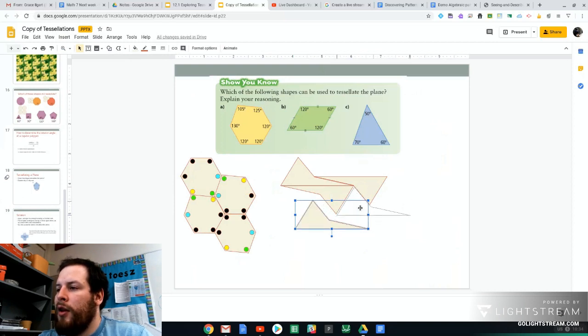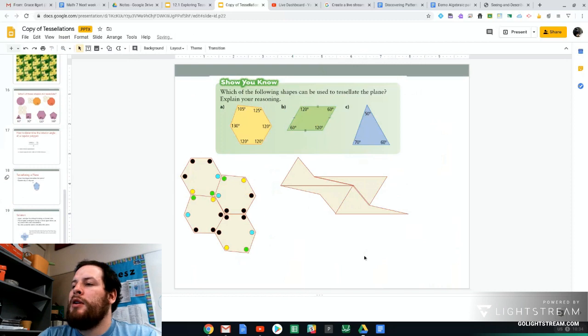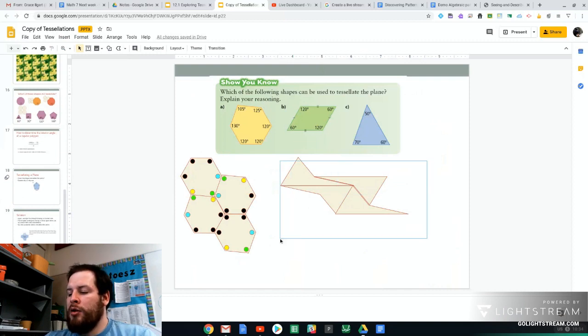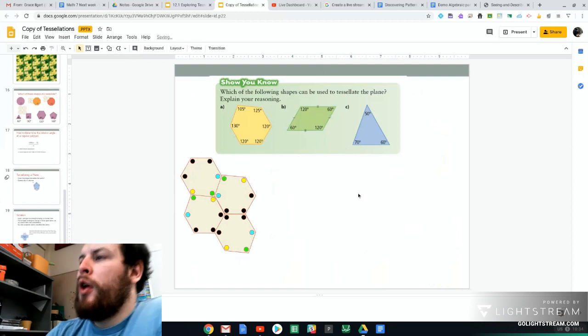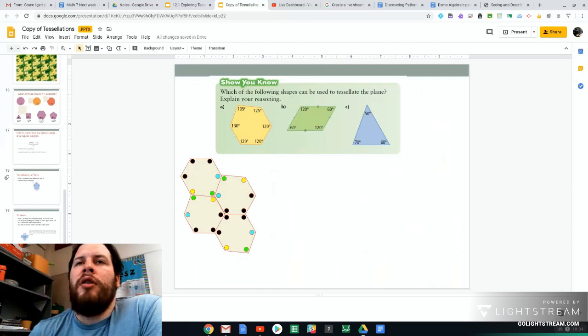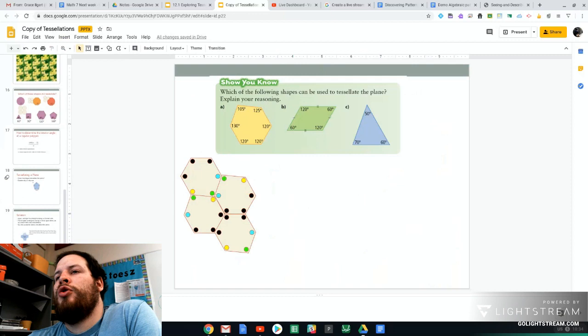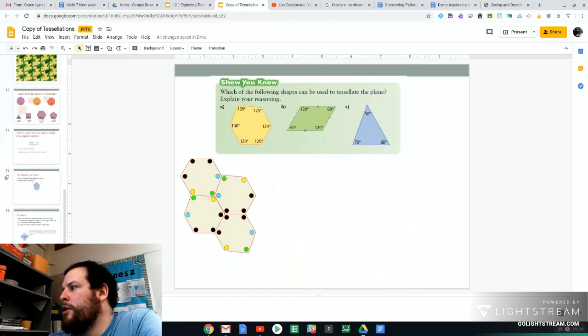And I could continue fitting these in and so on and so forth to get a nice, neat tessellation. You could put another one up here and then it fits in. So that's a neat fact about quadrilaterals. And if we look at this triangle, this will also tessellate the plane. All triangles are another shape that tessellates the plane.